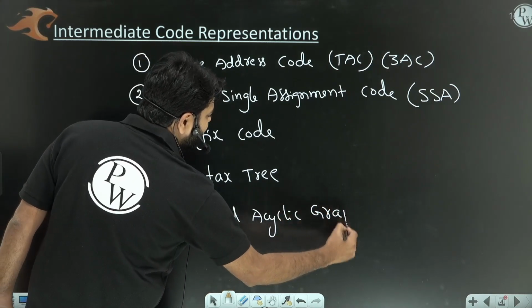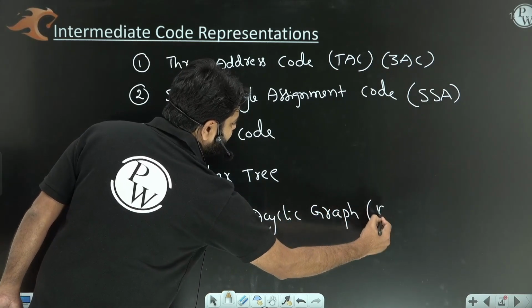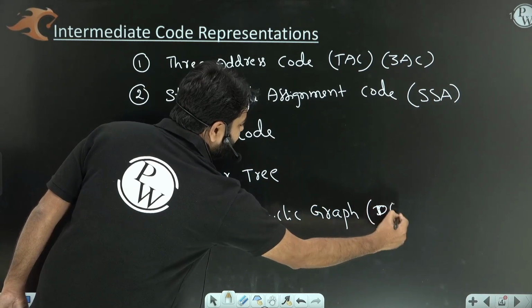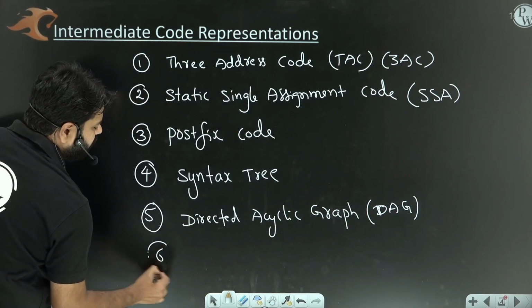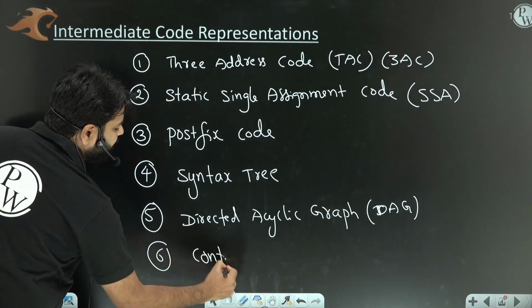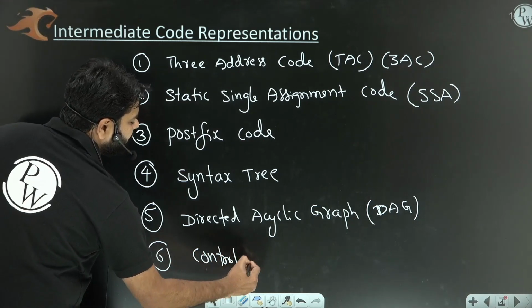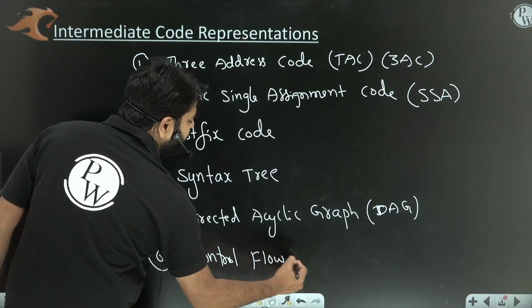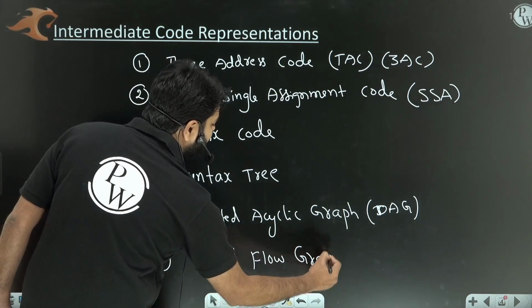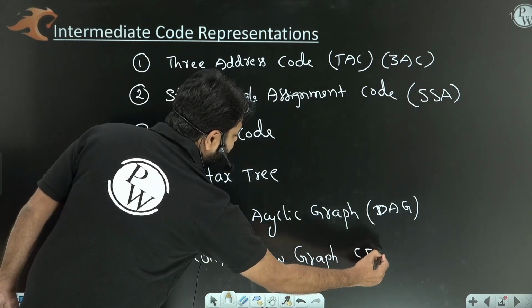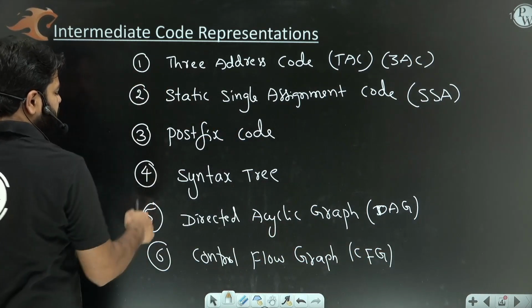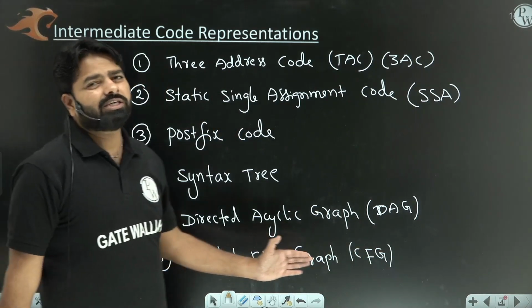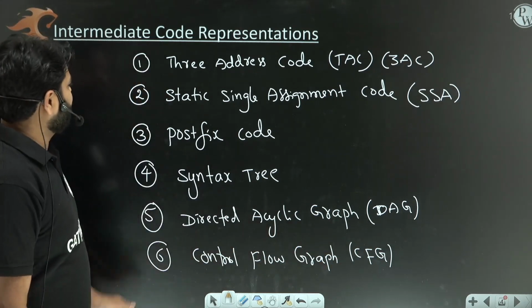You can also call it DAG, D-A-G, DAG. And you also have control flow graph. Anyhow, that we will study slowly in code optimization, but remember that control flow graph can be called CFG. So we are going to look at the first 5, and the sixth one we will study in code optimization.